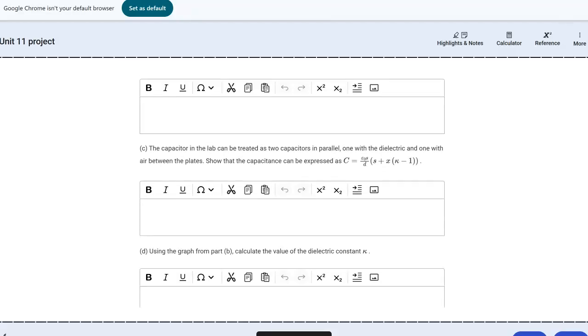Okay, and then now part C, our slope. So the system is two capacitors in parallel, one with air and one with plastic.